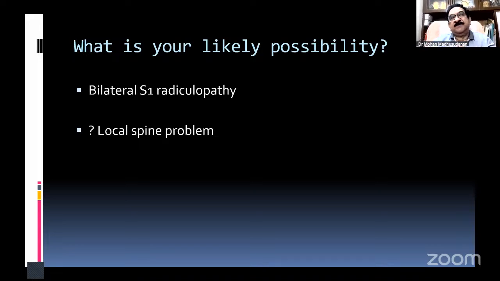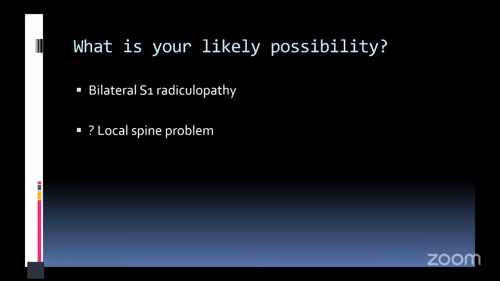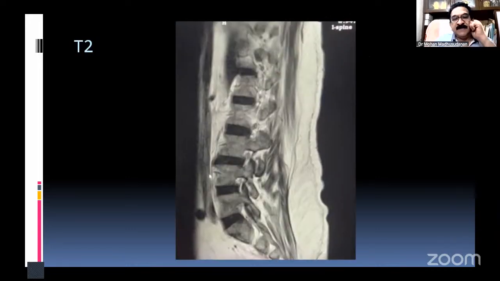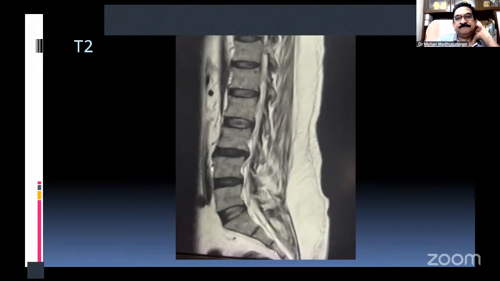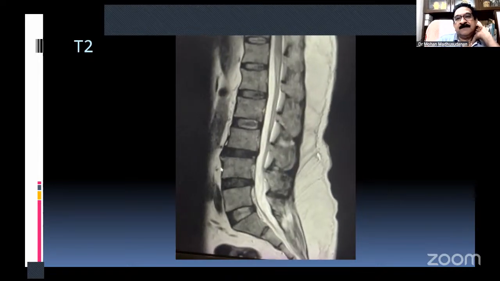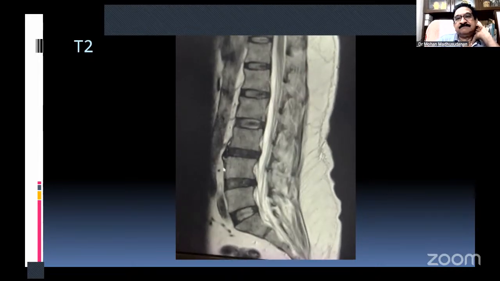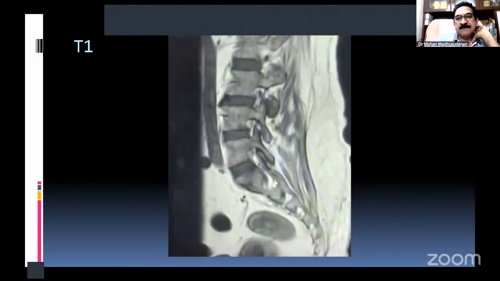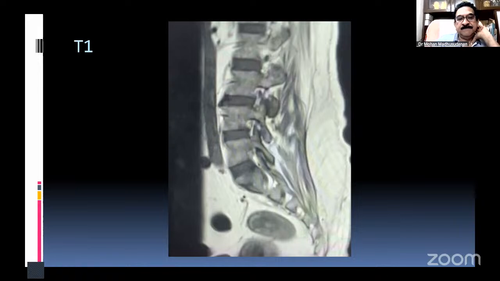So what do you want me to do? What would you like to see? MRI, sir. Okay, MRI of the lumbar spine, correct. This is the MRI of the lumbar spine, T2 weighted. Normal. This is the T1.